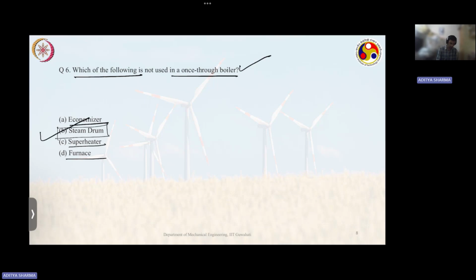So steam drum is not used in a once through boiler. B option is correct for question number 6.